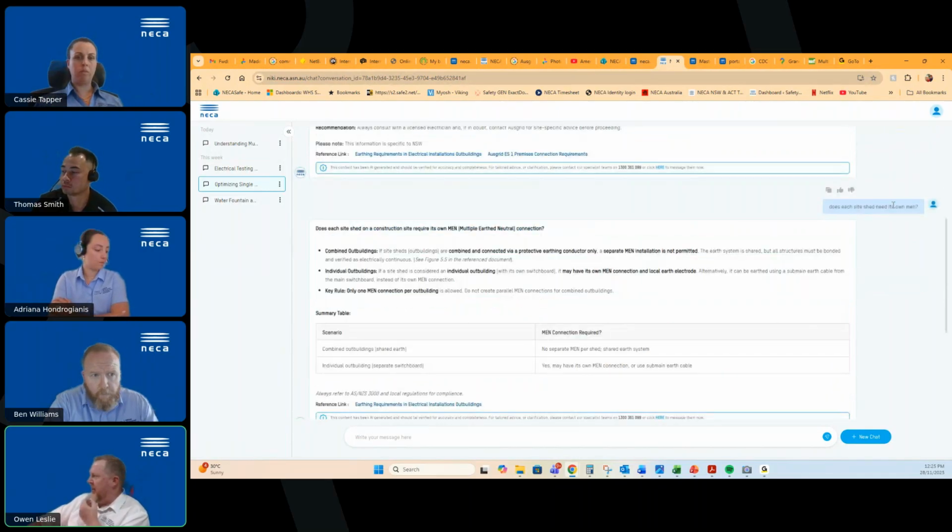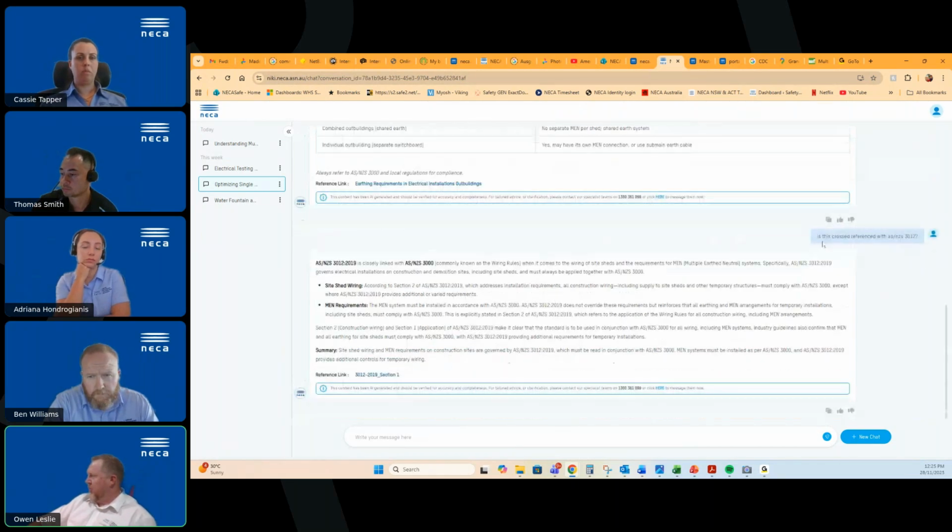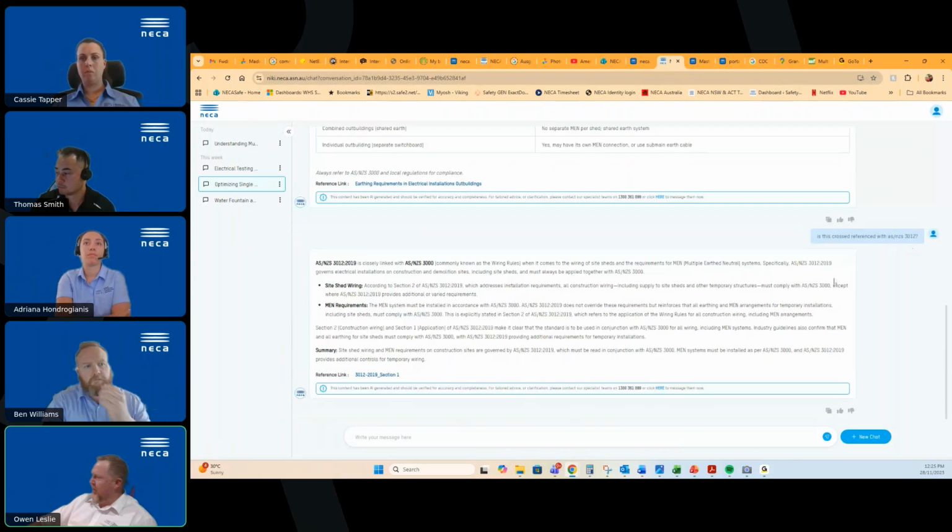Does this mean each shed needs its own MEN? And I've got: no separate MEN per shed, shed earth system, and individual outbuilding. Yes, it may have its own MEN connection. And is this consistent with AS 3012? Then it's come back here: site shed wiring according to section 2 of AS 3012, which addresses installation requirements.